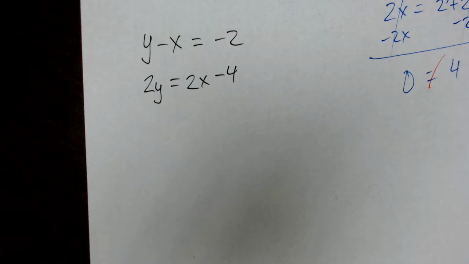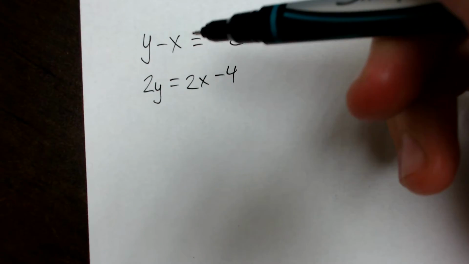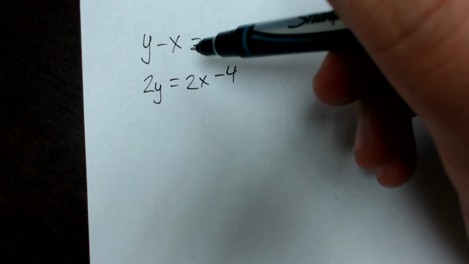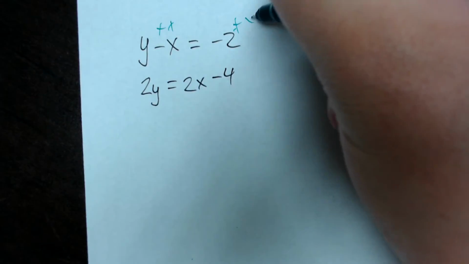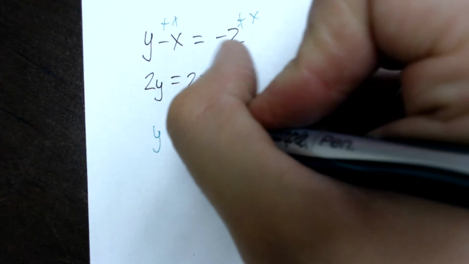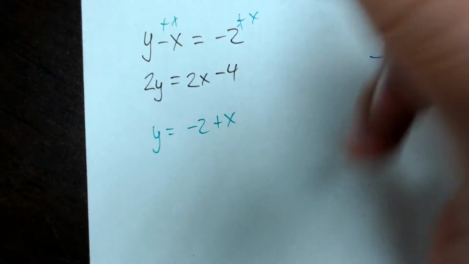Let's try to solve them. Let's see here. I'll solve this one for y. So if I add x to each side, this one becomes y equals -2 plus x.